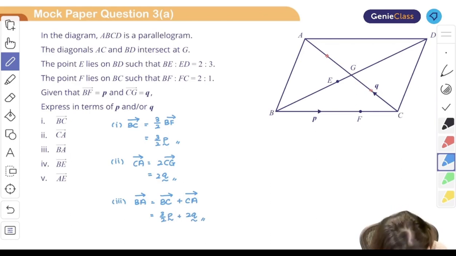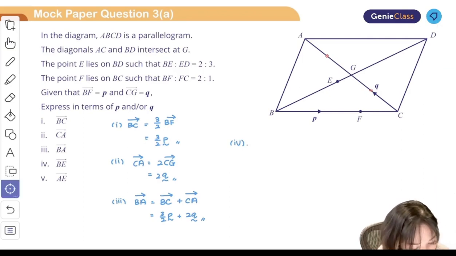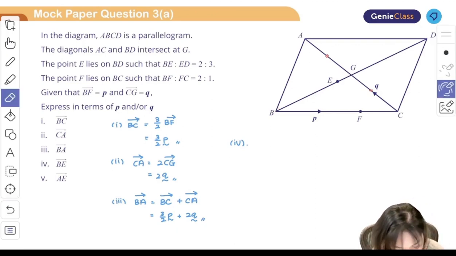Now part 4, BE. Point E lies on BD such that BE to ED is 2 is to 3. So first things first, what do we need to find? Yes, we need to find BD. Very good.